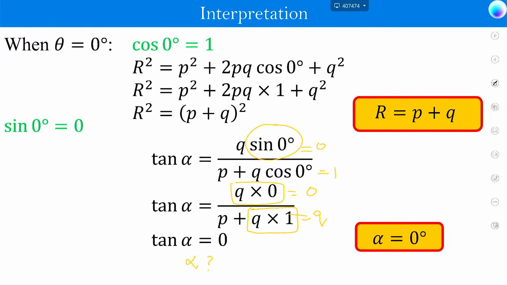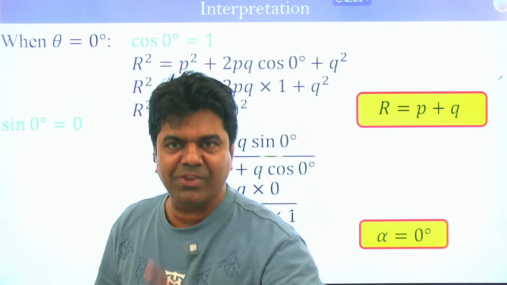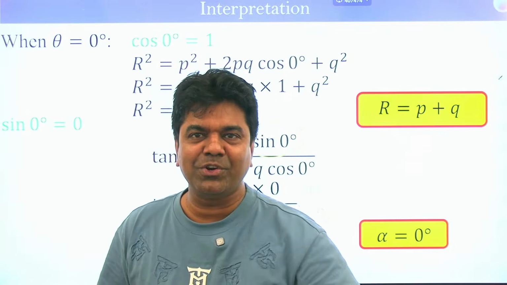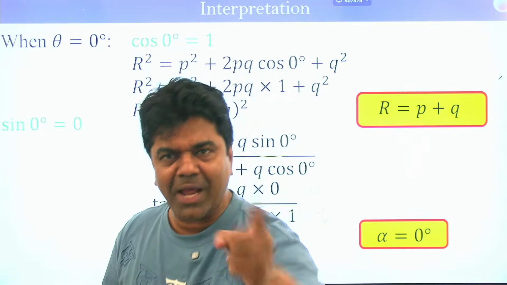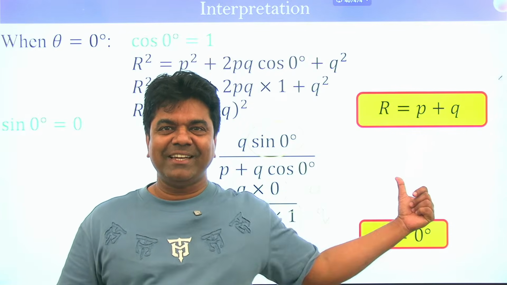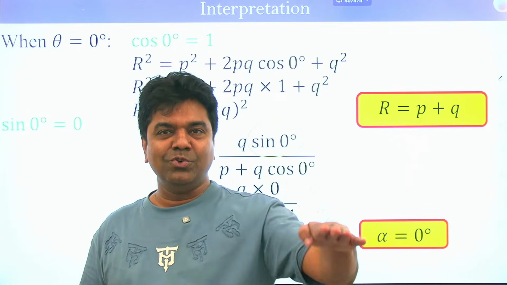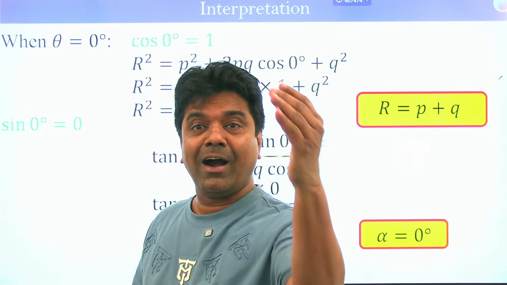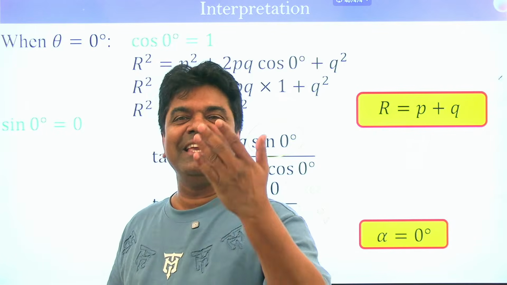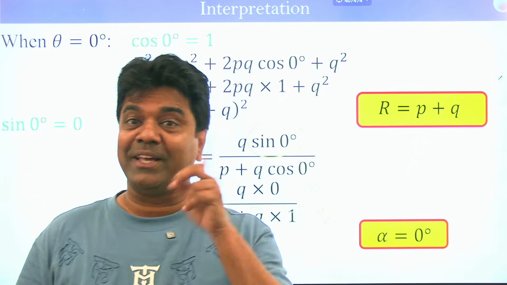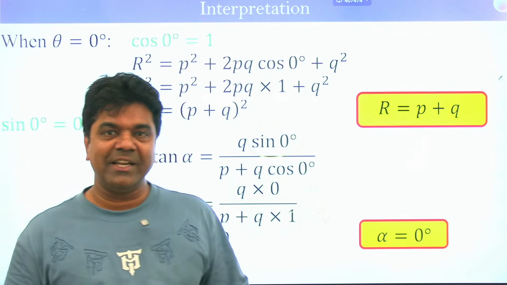So in simple terms, when two vectors act in the same direction, the magnitude of the resultant is p plus q and the direction is absolutely the same direction as the two vectors. That is why alpha is 0. So no angle between r and p, that means r also acts in the direction of p as well as the direction of q, because p, q directions are the same. So please copy this down before we go to the next part.